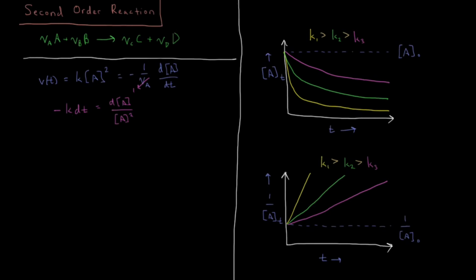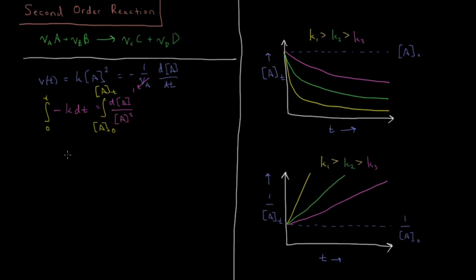Okay, so they're separated, so I can integrate now. So I integrate both sides. I'm integrating from t equals 0 to t equals t. And I'm integrating from the concentration at t equals 0, which we define as A naught, to the concentration at t equals t, which is A of t.